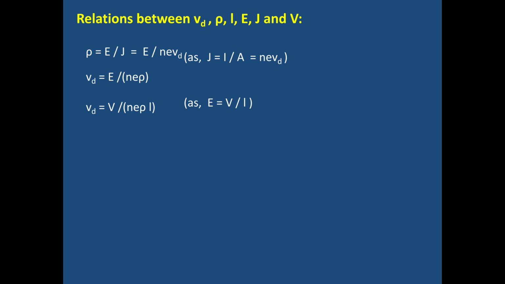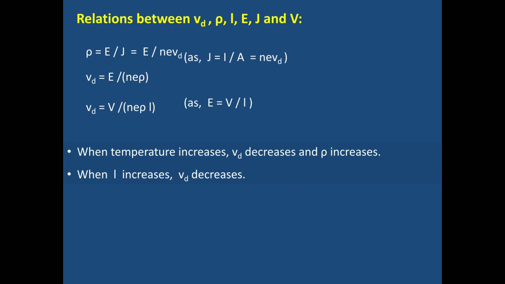This relation tells that drift velocity is inversely proportional to resistivity, or drift velocity can be explained in terms of potential by replacing E as V by L. We get drift velocity's dependence on potential difference and length of the conductor.